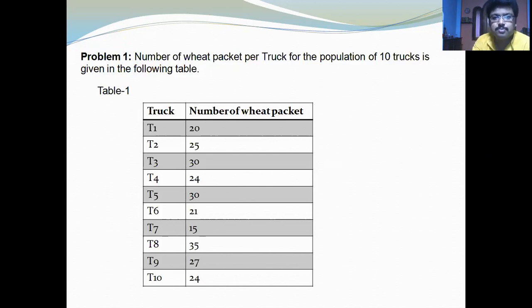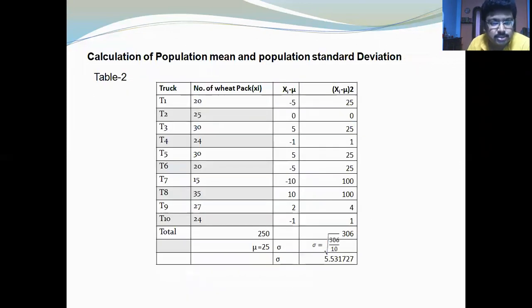On the basis of this information, we will calculate the population mean and the population standard deviation, and how it can be calculated. Look at this slide. This is the method through which we can calculate them. The first column represents the trucks T1 to T10, and the second column represents the wheat packets per truck, as mentioned here, that T1 has 20 packets, T2 has 25 packets.